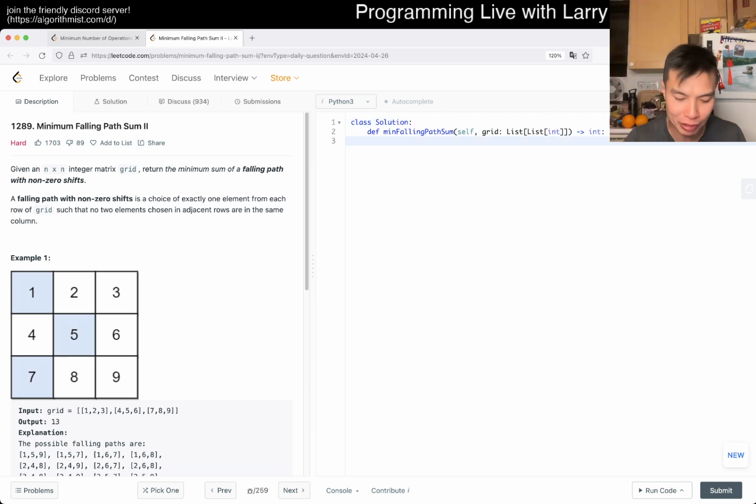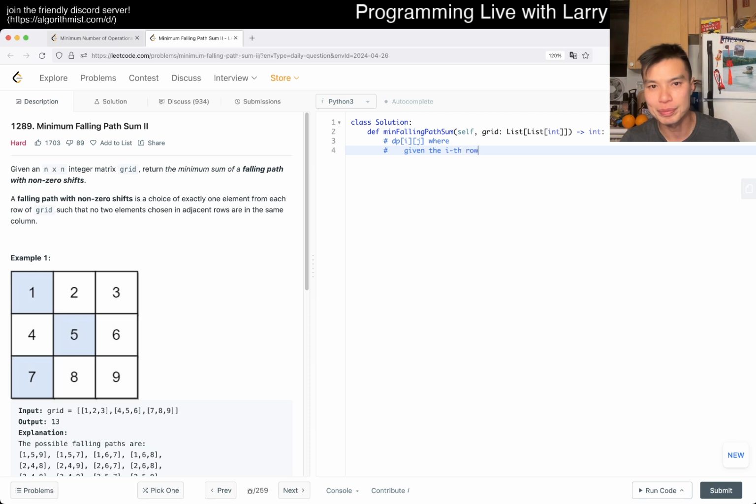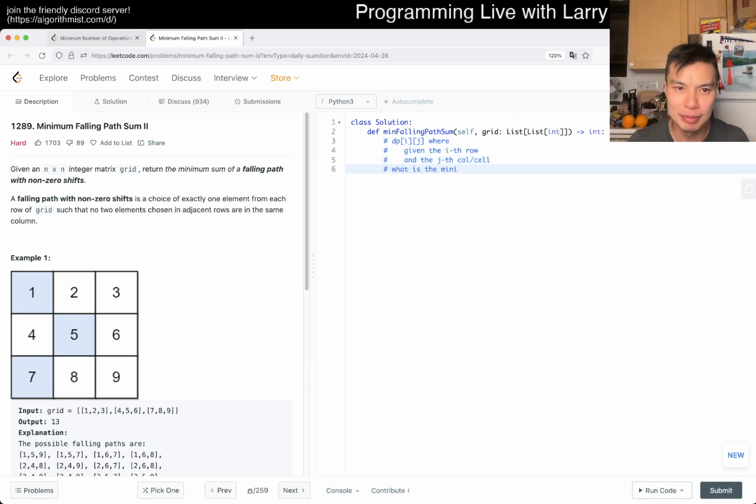So basically, maybe you create a dp sub i j where, given the ith row and the jth column, what is the minimum sum with all the constraints that they mentioned, which is not having the same column?